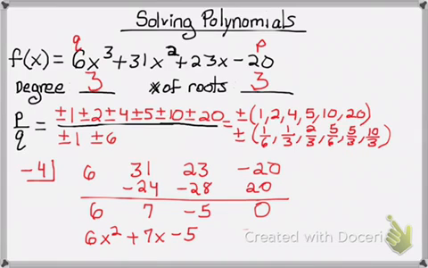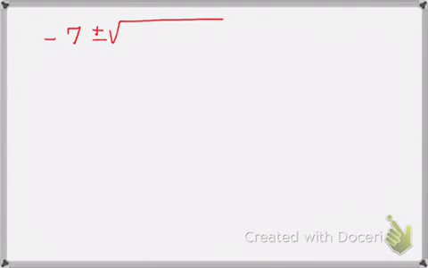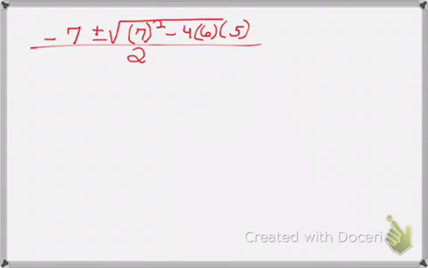The next step is to identify your a, b, and c so that you can plug it into the quadratic formula. So it would be -7 plus or minus the square root of 7 squared minus 4 times a times c, all over 2 times a.